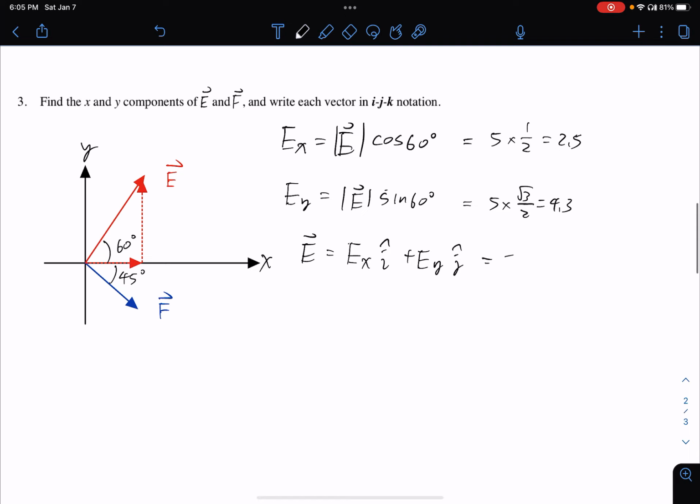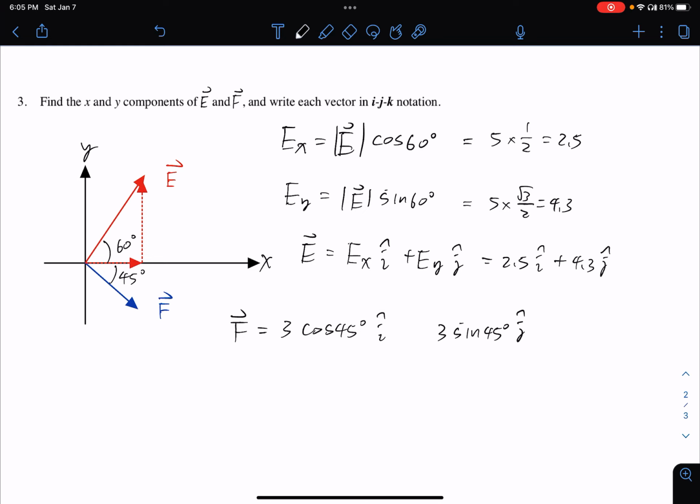So we can write vector E as 2.5 unit in the x direction plus 4.3 unit in the y direction. Similarly, we can write the vector F as the magnitude times the angle, cosine for the x component and sine for the y component.